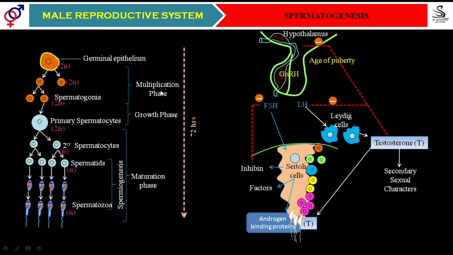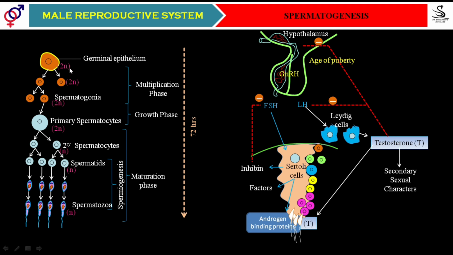You should also remember all these cells in proper sequence: germinal epithelial cells, spermatogonia, primary spermatocytes, secondary spermatocytes, spermatids, spermatozoa, and then the final sperms. And remember students, in the seminiferous tubules sperms are only produced, but their maturation occurs in the epididymis. We will understand that in the next classes.